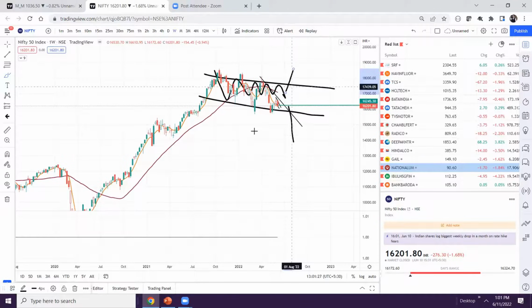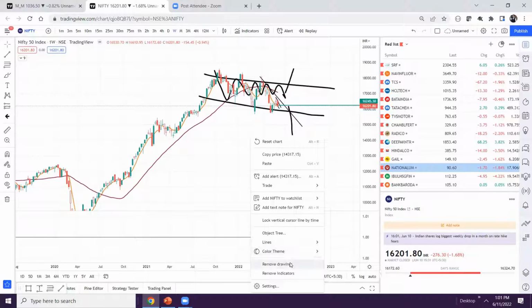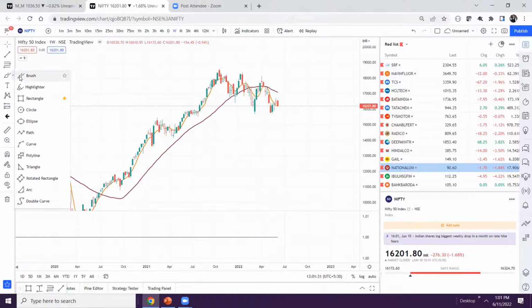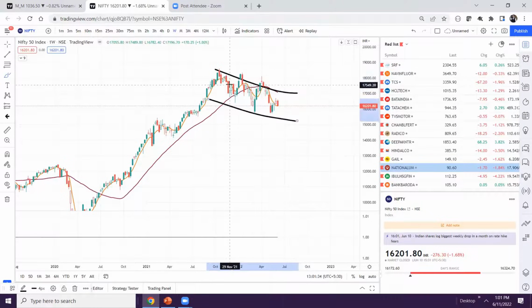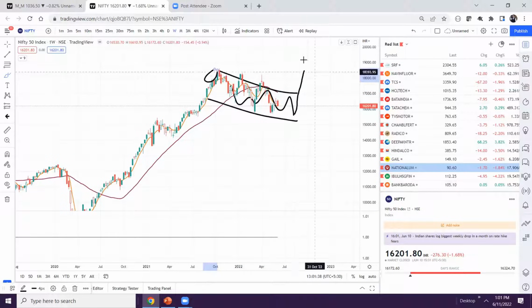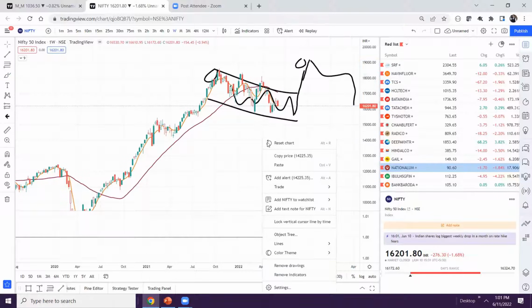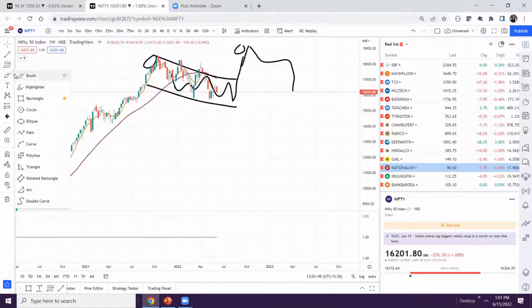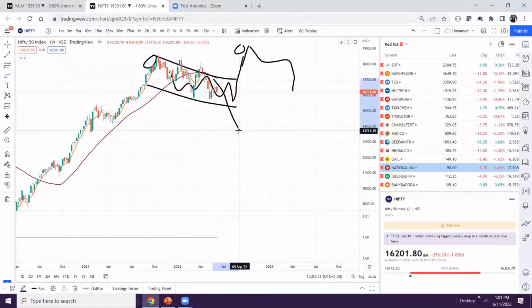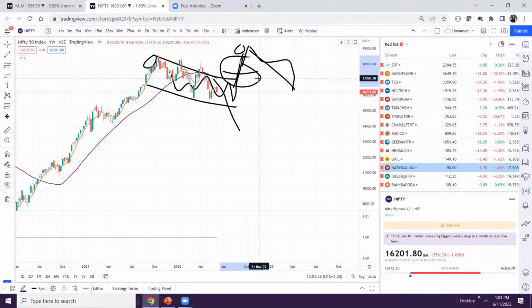Market does anything. Suppose you get this, but there may be a possibility of divergence between this and this. So ultimately it has to come down. So it's better if it falls, because if it goes up and then comes down again, that will be a trap again.